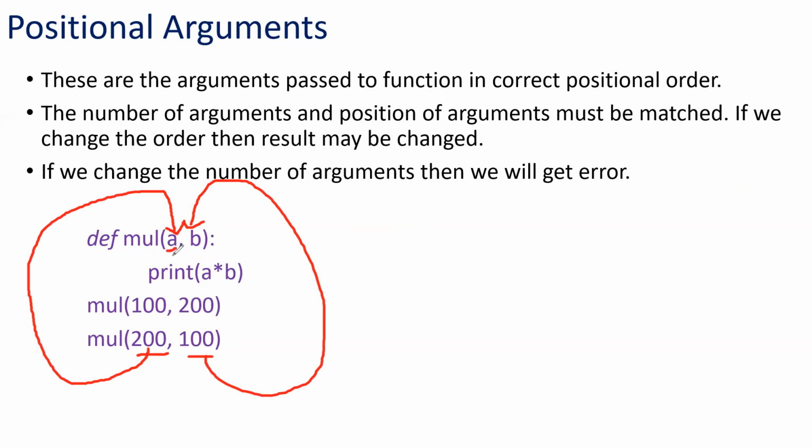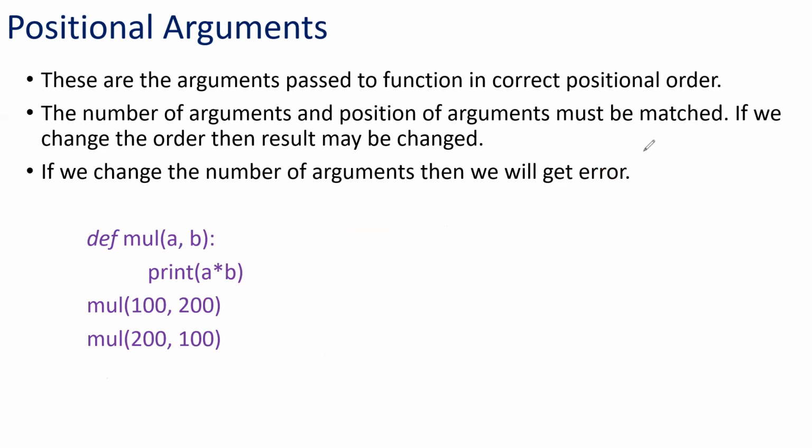Now a value is 20, b value is 100. 20 into 100 is 2,000. Of course, we got the same, but it is the application, right? Multiplication, 10 into 20 or 20 into 10, both are the same.